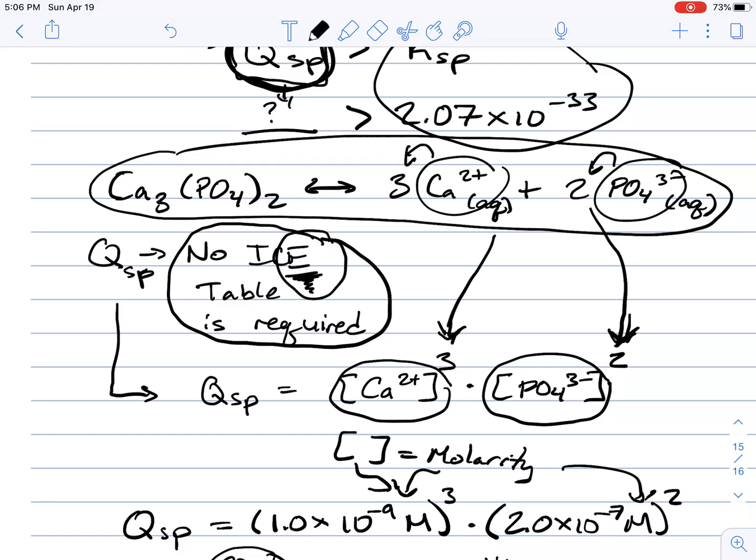One of the common mistakes that I see students make is not writing the correct chemical equation. We're always assuming for this chapter that the slightly soluble substance is going to be our reactant and our ions will always be our product. So just make a mental note of that.